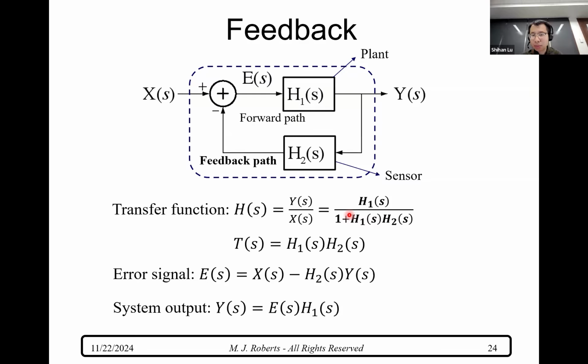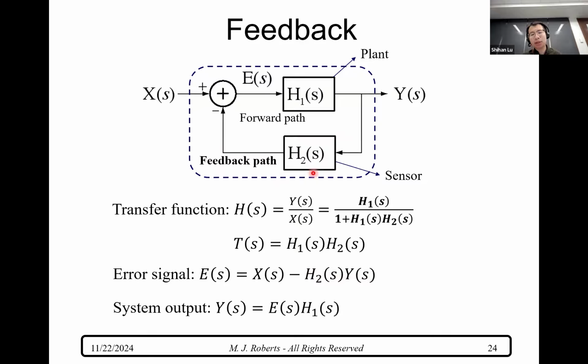As we said, for the feedback path, we take the current system output as the input. Y of S is the input for the feedback path, and going through the transfer function H2 of S, it is converted into the form H2 of S times Y of S. That's the form you get after the system output goes through the sensor, H2 of S.